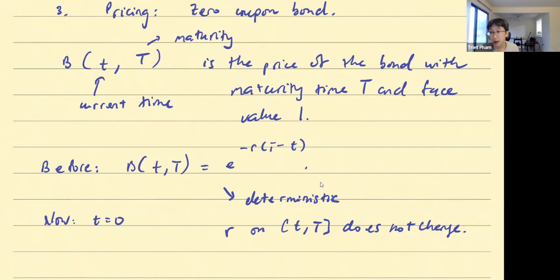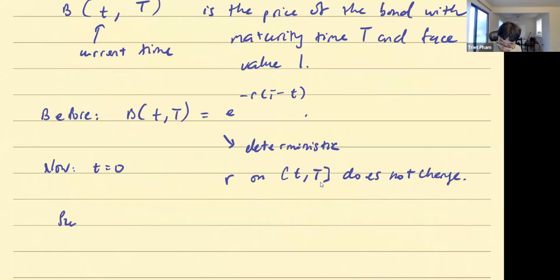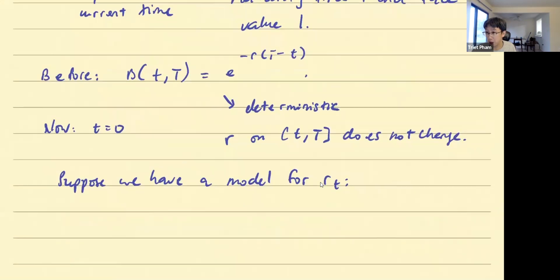So these two factors will need to be modified. But then the question is, suppose we have a model for r(t), and for now, let's say the Vasicek model.